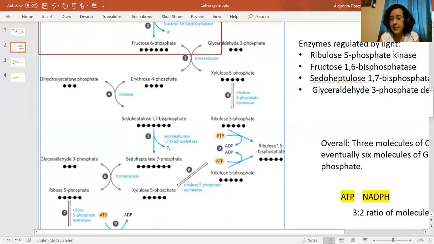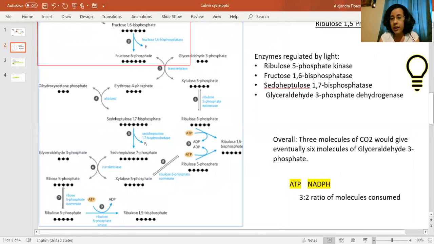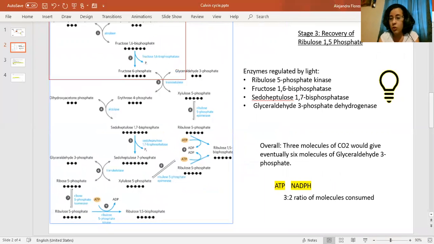So as in the other stage, which was number 1, where we regulated Rubisco, this stage also has regulation, and this is a special type of regulation because it's mediated by light. It's not directly by light, it's actually indirect.